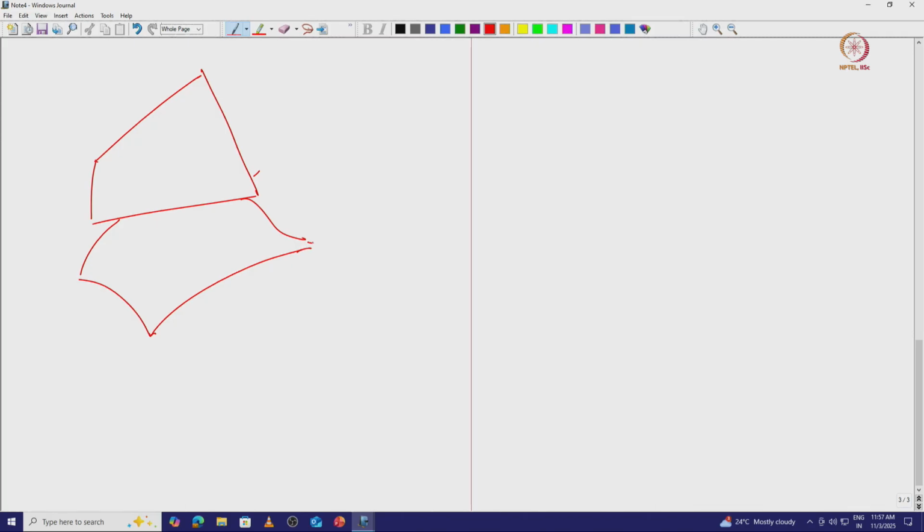I have my origin here and the corresponding point P here, and then V naught is basically this vector. This is the sphere S_P eta, and this is the vector V naught.